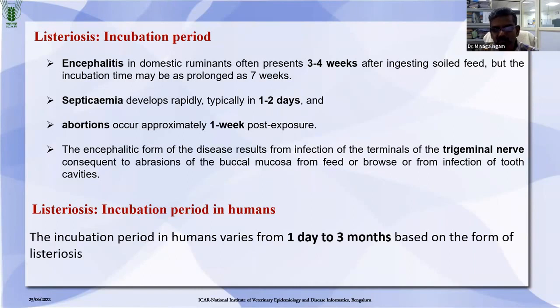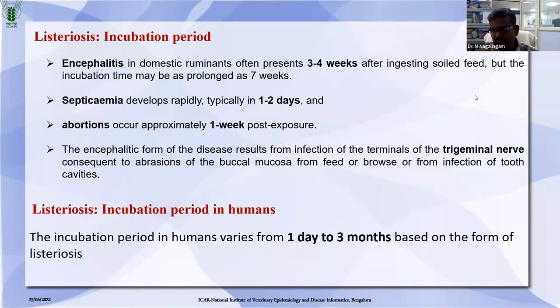With respect to the incubation period, Listeria causes 3 different kinds of disease forms in sheep and goats that we will see one by one. In case of encephalitis, it requires at least 3 to 4 weeks to exhibit symptoms, and it can even go up to 2 months, at least 7 weeks.